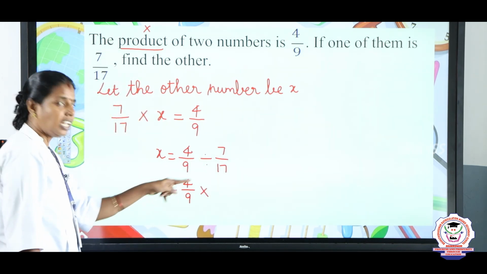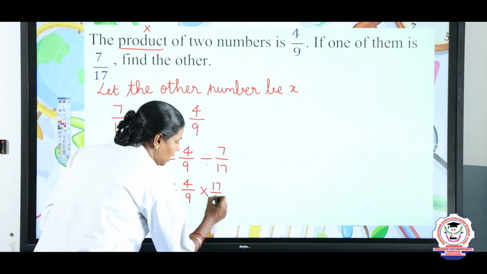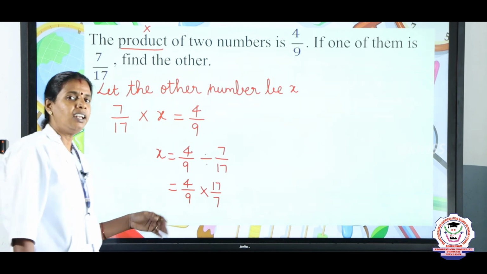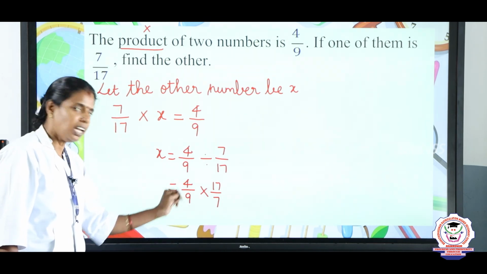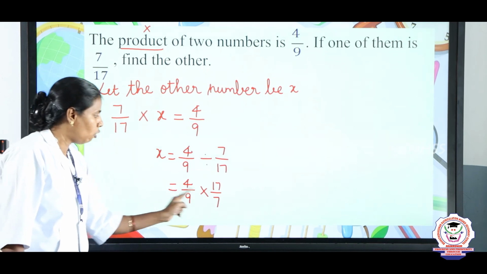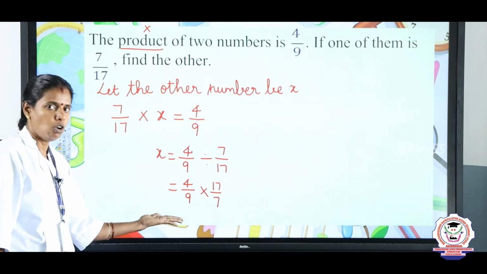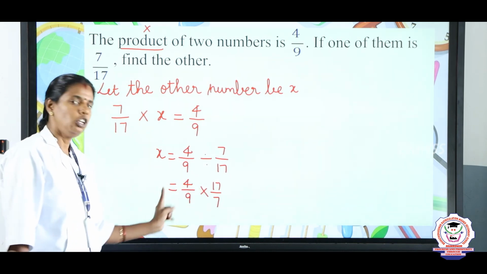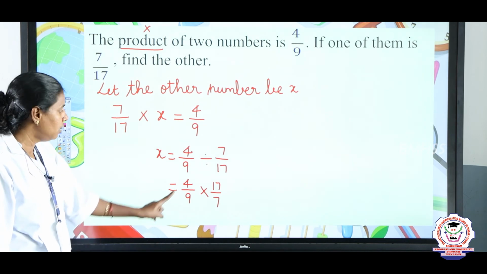Then 7 by 17, the multiplicative inverse is, yes, 17 by 7, and we need to simplify this. Is it possible to simplify the numbers? 4 and 7, it is not possible. 4 and 9 is also not possible. So, directly we can multiply the numerators, and the denominators also we can multiply here.